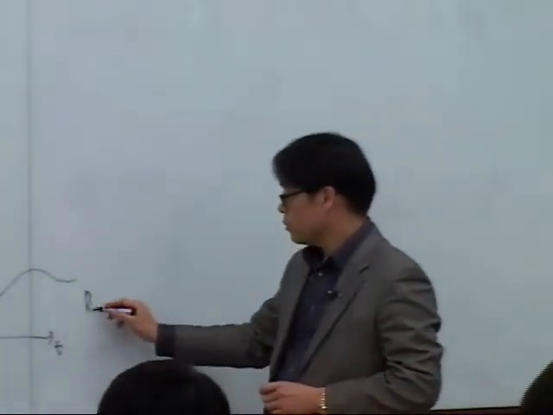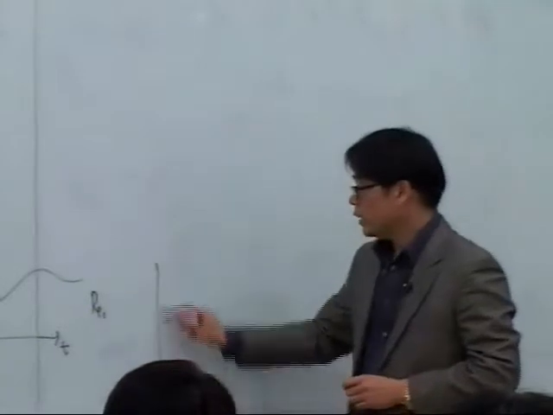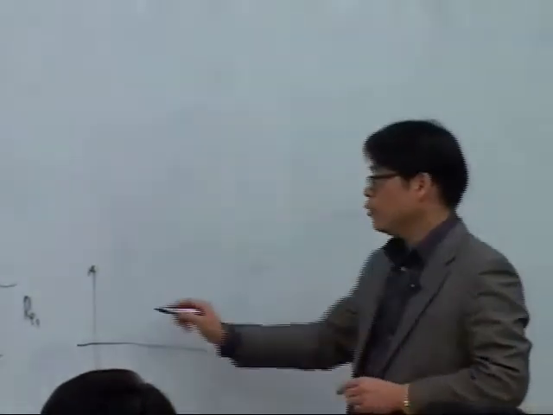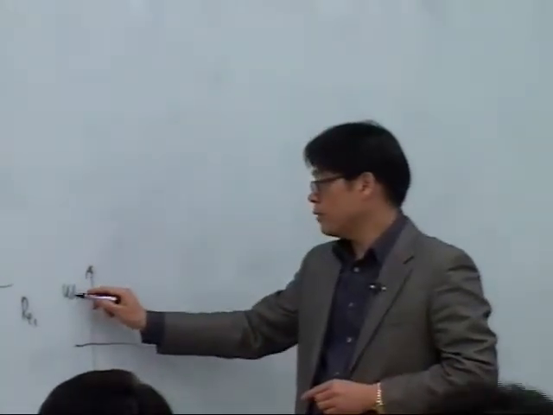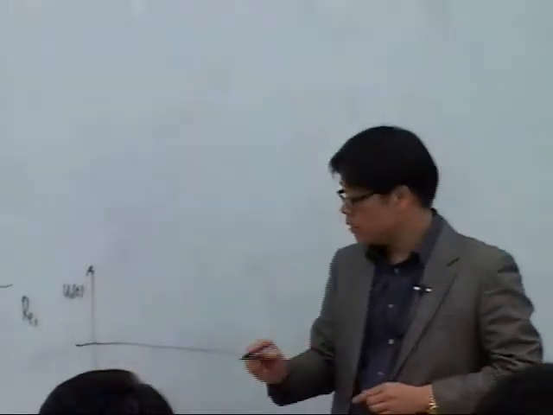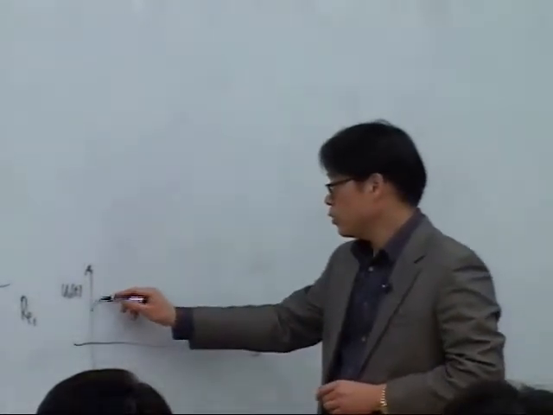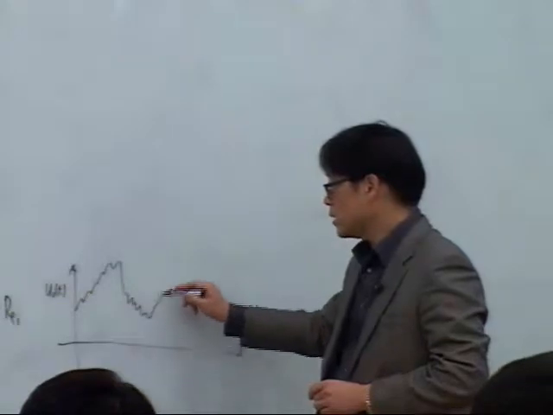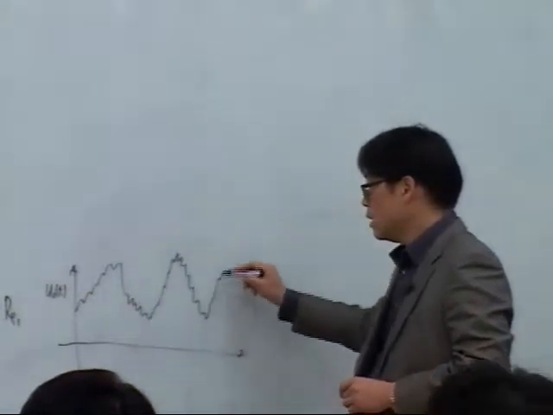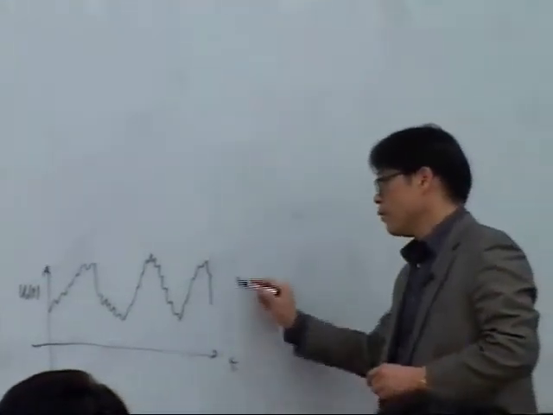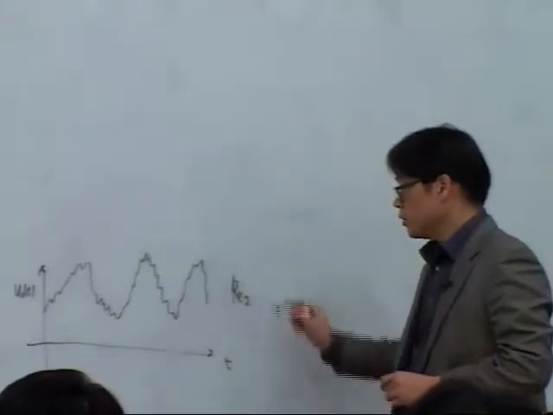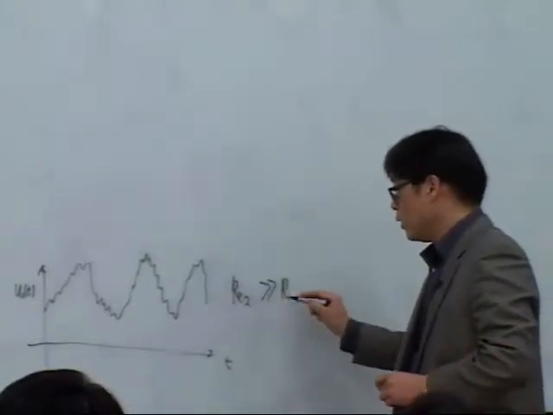So this is Reynolds number 1. And on the other hand, if you measure a velocity at a given point 0, then you might see something like this, if Reynolds number 2 is greater than Reynolds number 1.